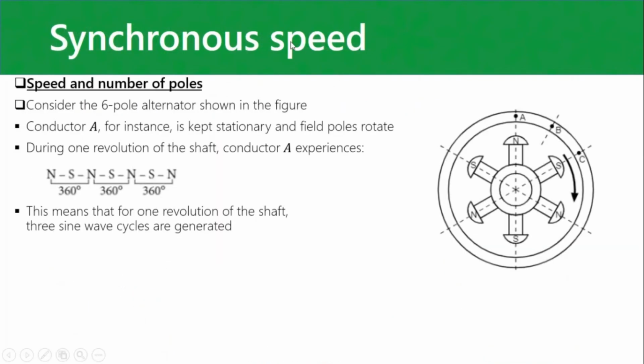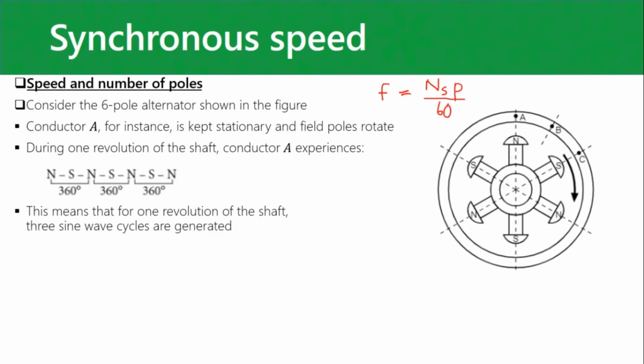Because they're synchronous machines, they synchronize with the grid. And we have that little formula. If we are generating, say, a 50 hertz waveform, then f = n_s × p / 60, where n_s is the synchronous speed, that's the RPM of the magnetic field, and p is the pole pairs.